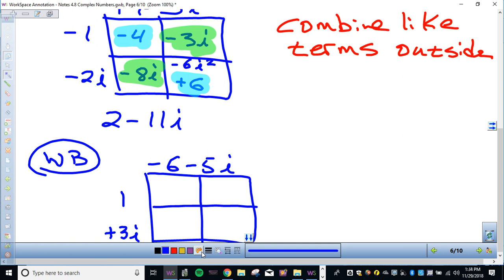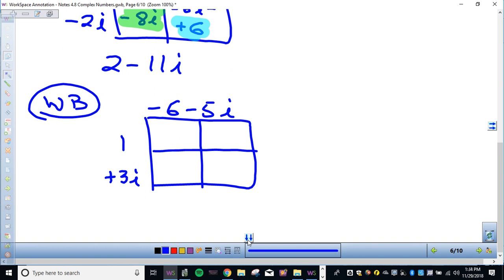Okay, try that one on the whiteboard, please. And if you get confused along the way, just ask.